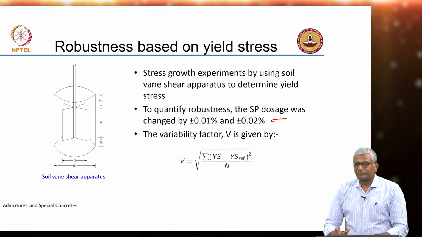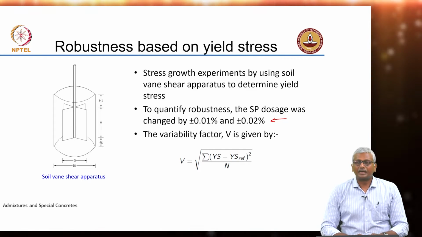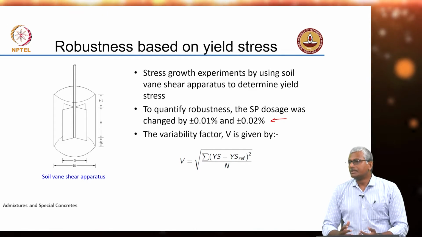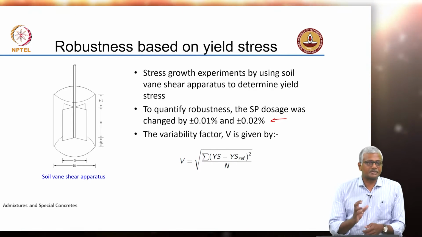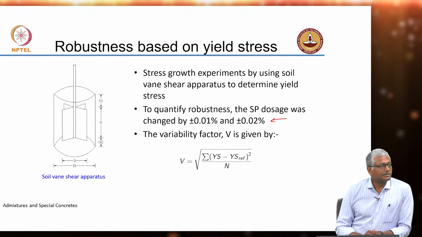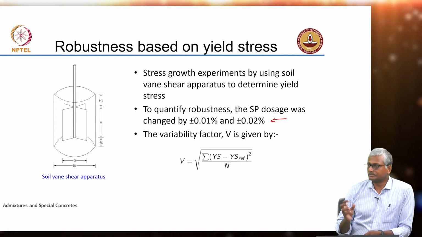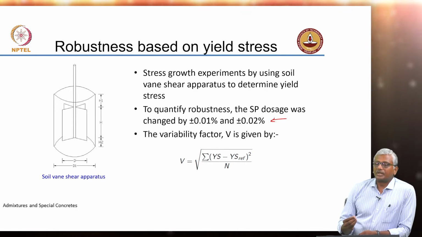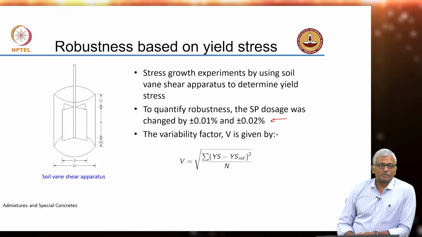So as I was defining in the last class, robustness is the ability of the mix to still meet its demands in terms of workability and strength, even if there is a small variation in the design characteristics. For instance, here in 3D printed concrete, we can assume that the robustness can be affected by the dosage of the superplasticizer.